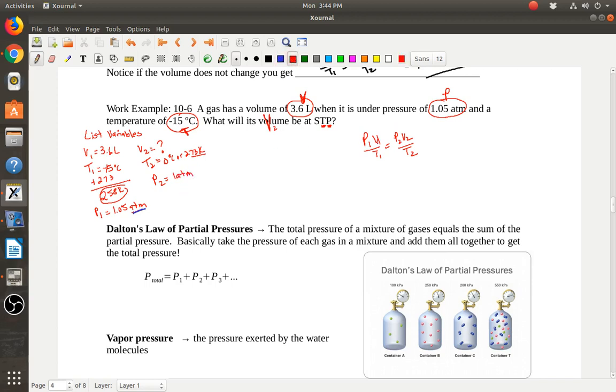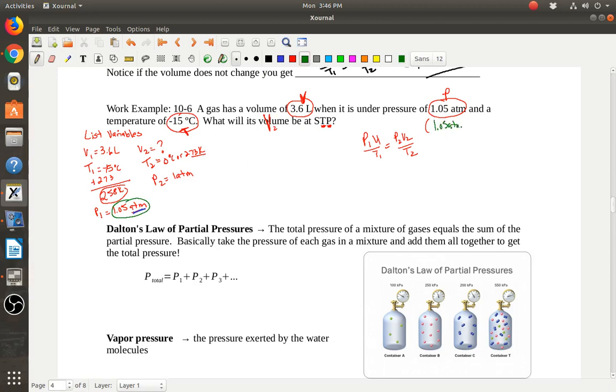Now I just have to plug it in and cross multiply to solve for the one variable that's not there. I'm going to put in the numbers, and I'm going to circle them as I use them. So P1, put it in that spot.